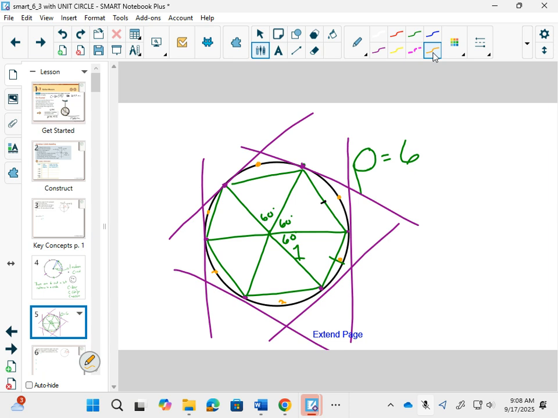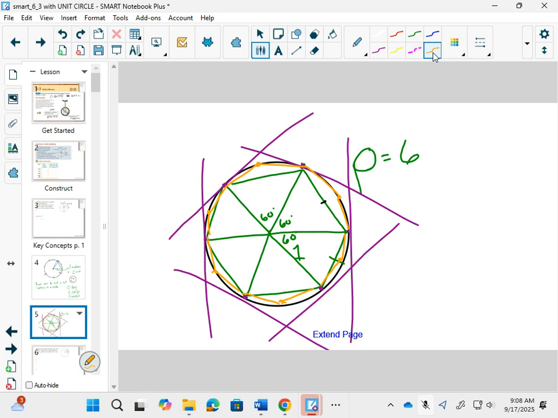And if I now connect the points on the outside, instead of a 6-sided shape, I get a 12-sided shape. And I can do the same thing with the tangent lines and make a 12-sided shape on them. And then I can cut that in half and get a 24-agon, and then a 48-agon, and then a 96-agon.